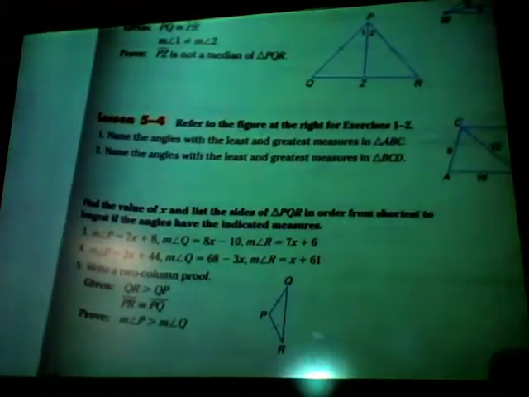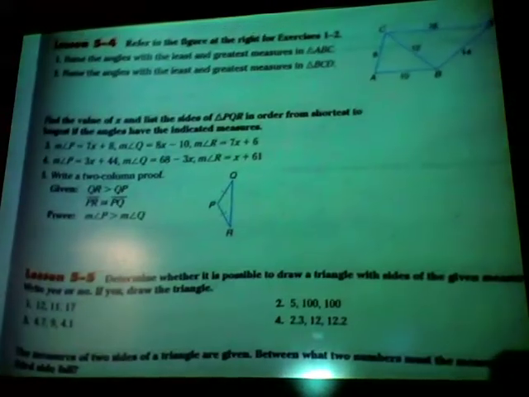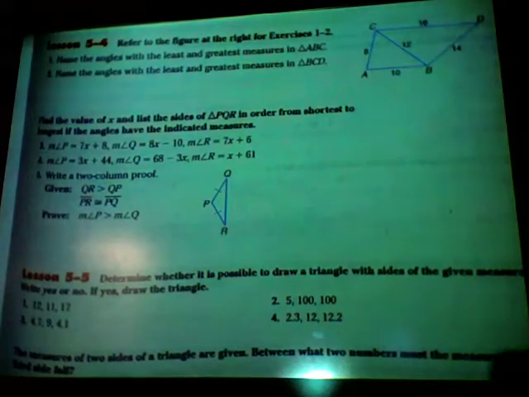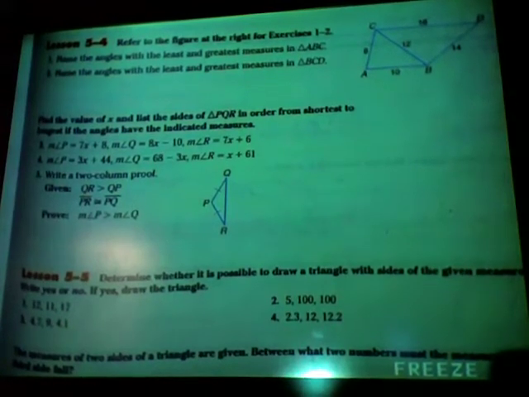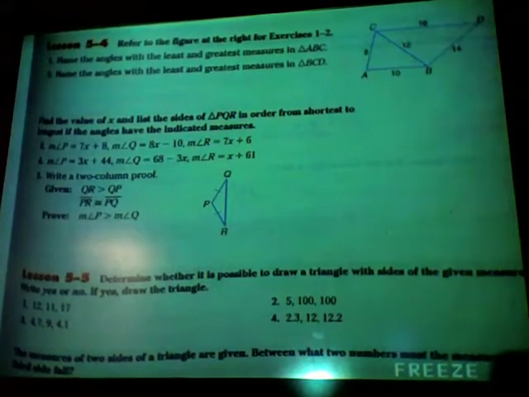Okay, so I want you to look at this example here. All right, so as you look at this picture, it says name the angles with the least and greatest measure in triangle ABC.